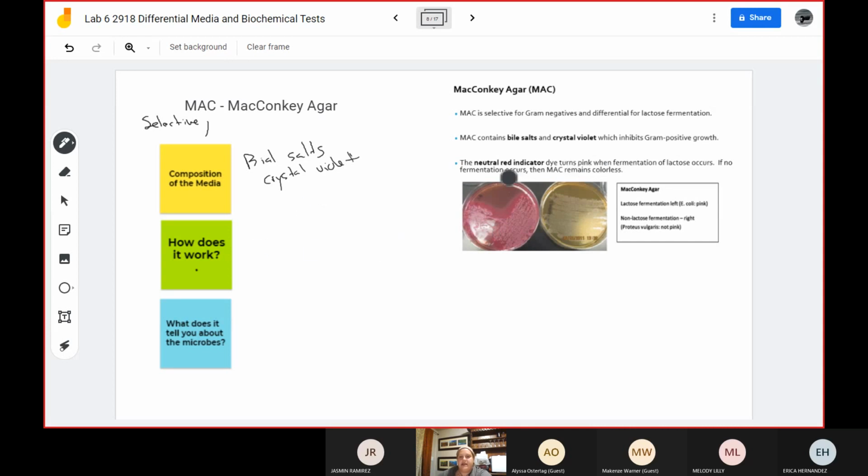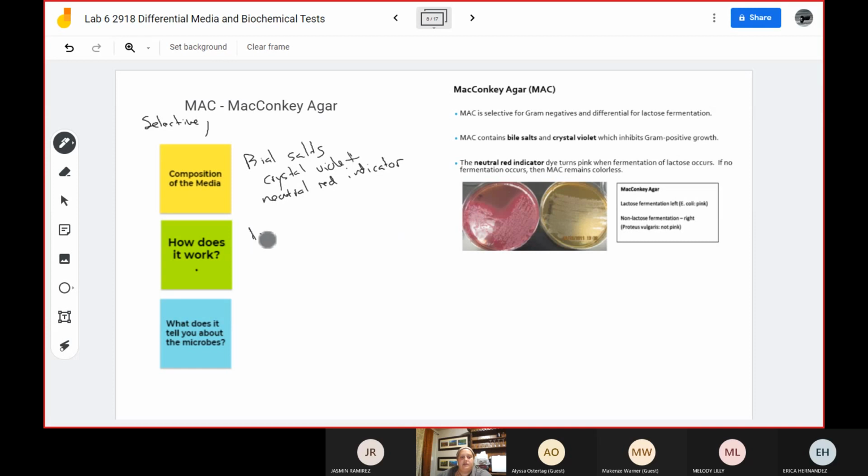And it also has the neutral red indicator that changes colors depending upon the pH of the plates. So how does this work? This particular plate tests for lactose fermentation. So some gram-negatives can ferment lactose.